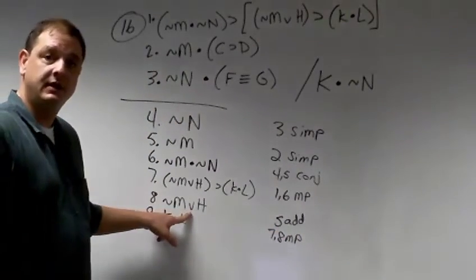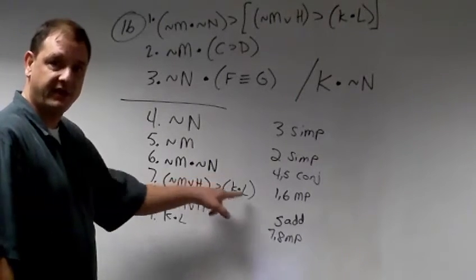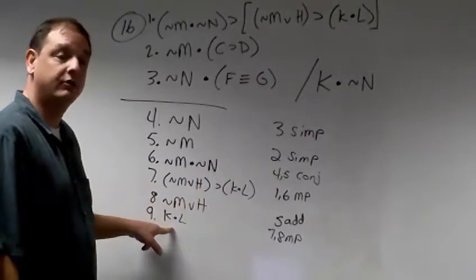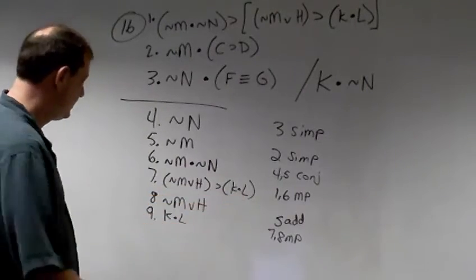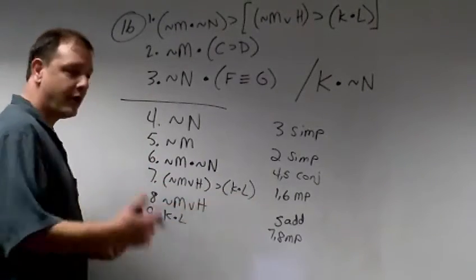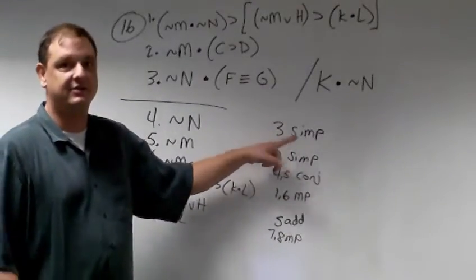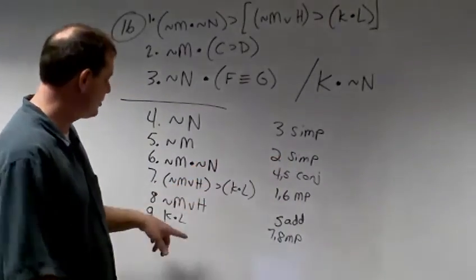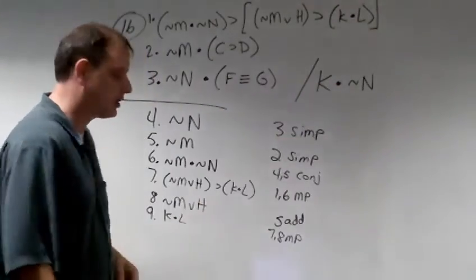Line 8 is the antecedent of line 7, so if P then Q, P, so we concluded Q, which in this case was kind of a complex statement, K and L. Almost done, almost done. Now all we have left to do is get K by itself, which should be a simple matter. That's a little logic joke, not a great one, but it's a logic joke. So we'll have K by itself, we have not N, and that's what we're going to need to get our conclusion.